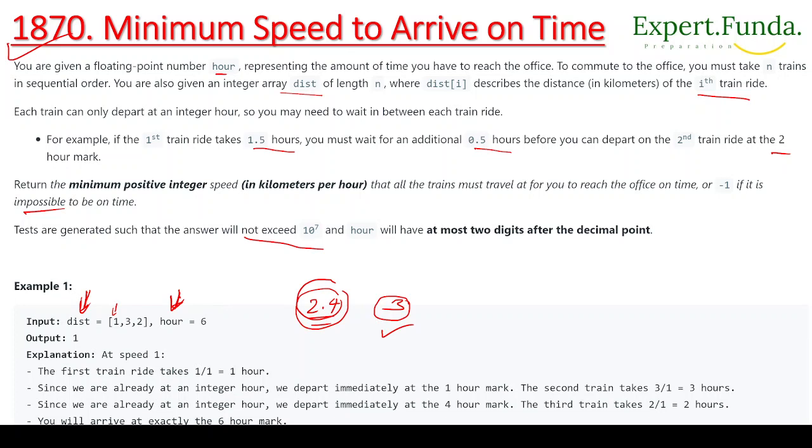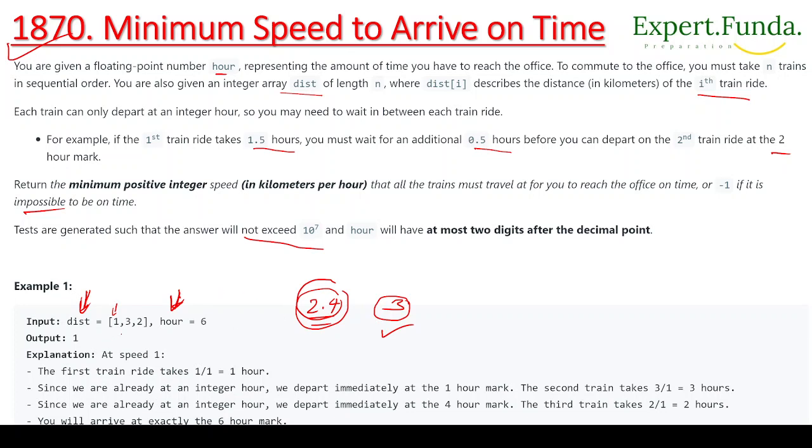But how can we find out whether some speed makes us complete the journey within the constant time? We can easily find the time required for each individual train ride, then sum them up to get the total required time. If the total time is less than or equal to the hour, then it could be a possible answer, otherwise not.